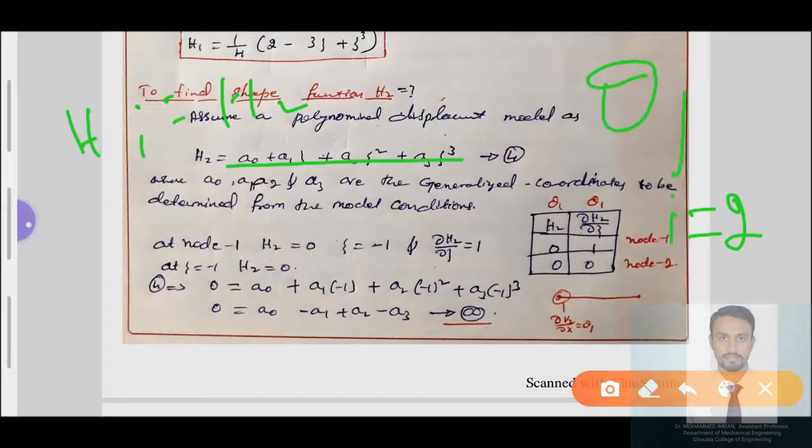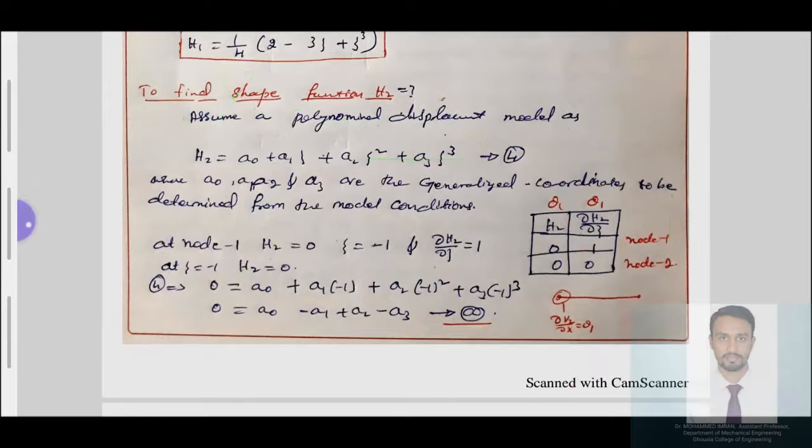This polynomial displacement model for the Hermite shape function at node number 1 with respect to theta 1 becomes h2 equals a0 plus a1 zeta plus a2 zeta square plus a3 zeta cube. Call it equation number 4. We called the Hermite shape function at node 1 with respect to v1 h1.